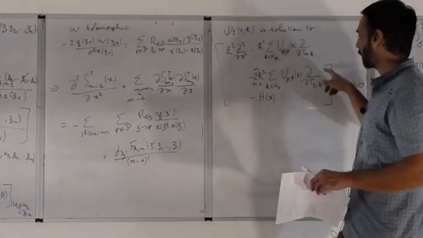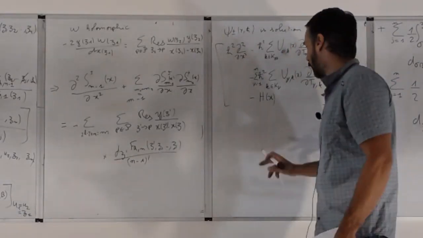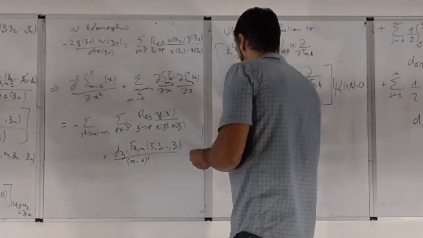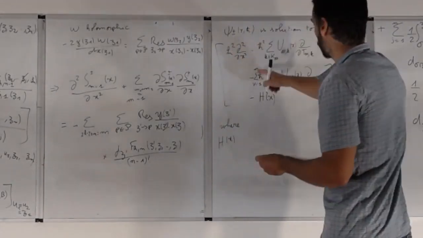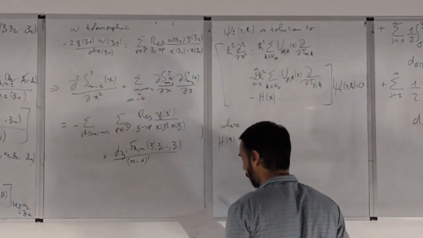And there's an object here, they just follow from there, where h of x is basically the action of this operator here on the logarithm of the perturbative partition function.